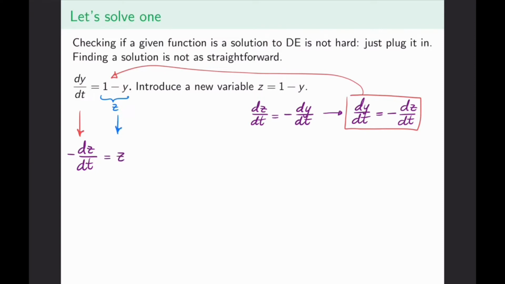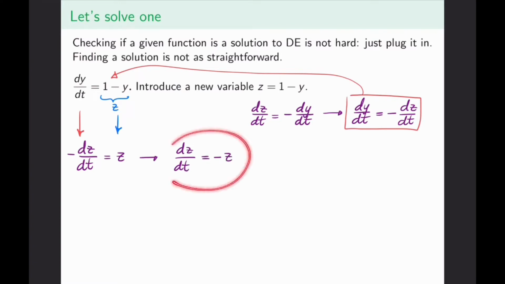Now, was this whole thing worth the trouble? Well, let's take a look at what we have here now. We've managed to transform dy/dt equals 1 minus y into the equation that says minus dz/dt is equal to z. Or, if I would like to rewrite it for dz/dt, I'm going to have that dz/dt is simply minus z.